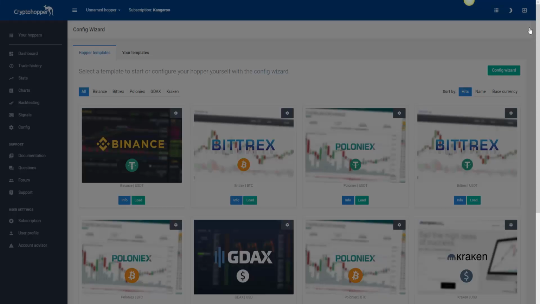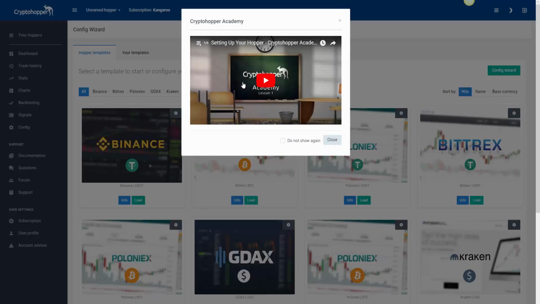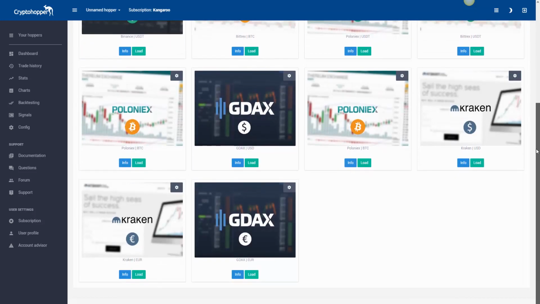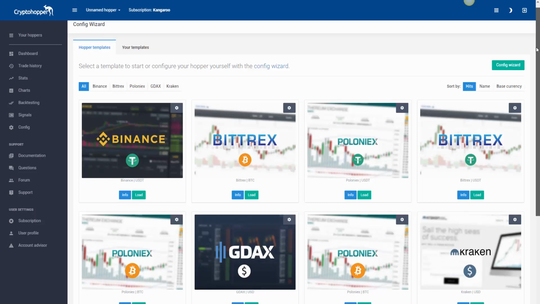So when I choose the new hopper, I can watch the Academy video if I want, of course, and I can choose some ready to run templates here. This one for Binance, USDT, that's the only one I have.